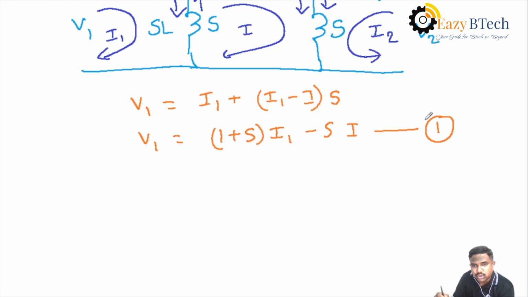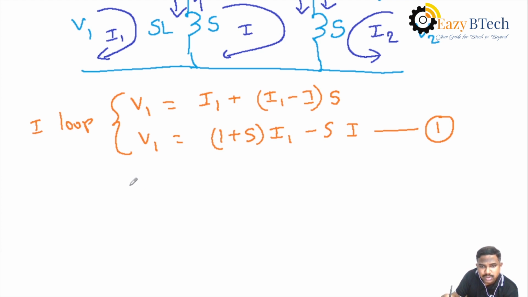Similarly, in the second loop we have three elements, and there is no voltage source. These are the first loop equation. Similarly, apply KVL to the second loop. For the second loop, what is the equation here?